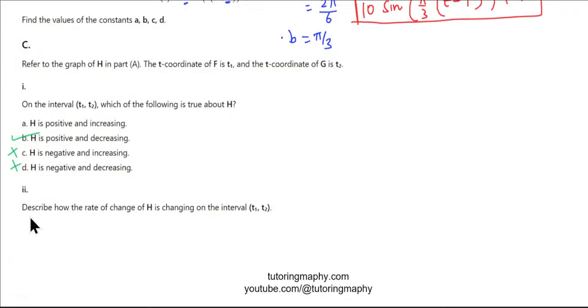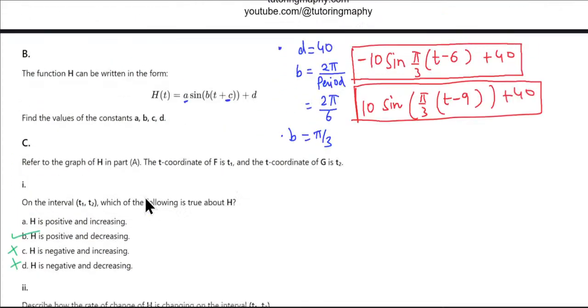And the last one says, describe how the rate of change of H is changing. So, okay, be careful about what they're asking. How rate of change is changing. They're asking the change of ROC. And the change of ROC is concavity. That's a fancy way of asking what is the concavity of this.